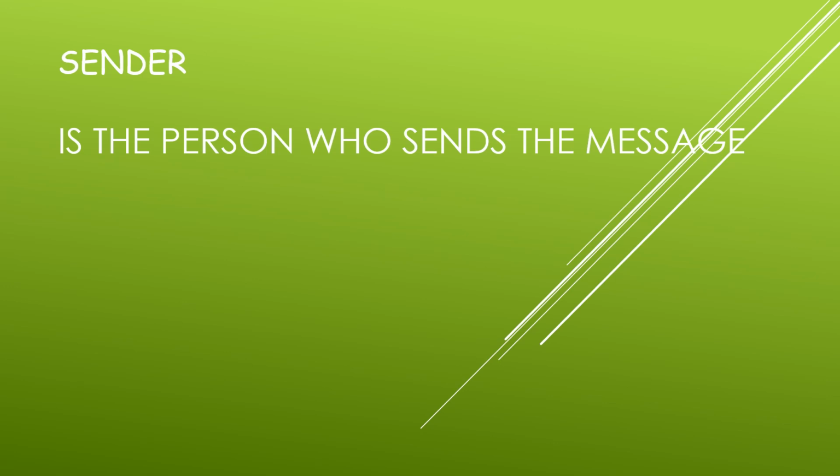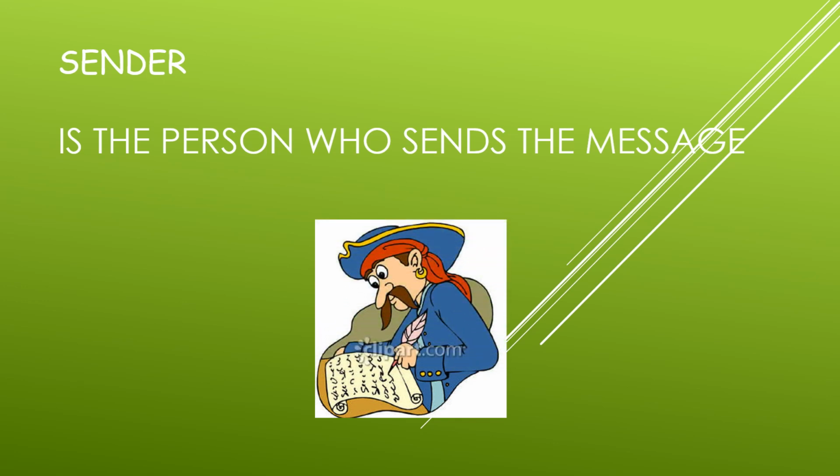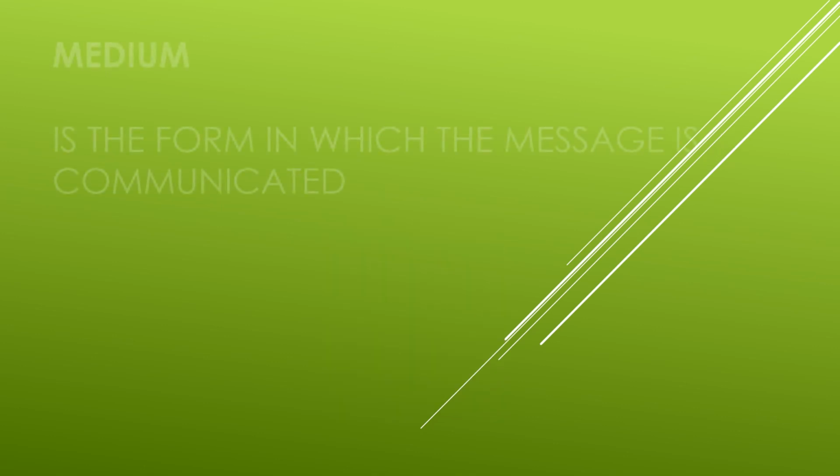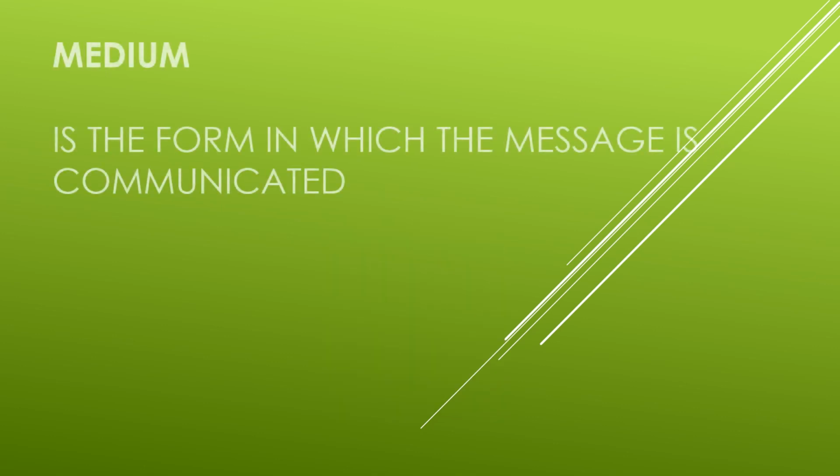We have a sender, and the sender is the person who sends or writes the message. We also have the medium, and the medium is the form in which the message is communicated.